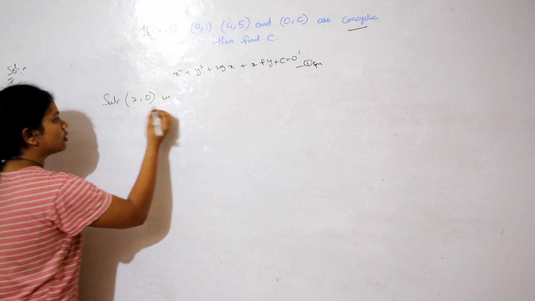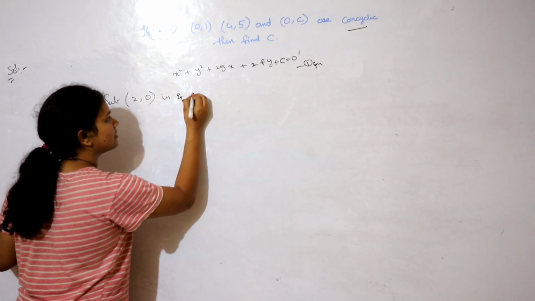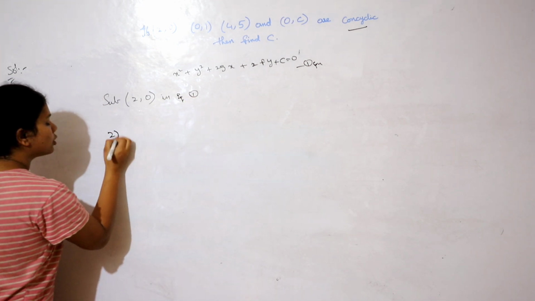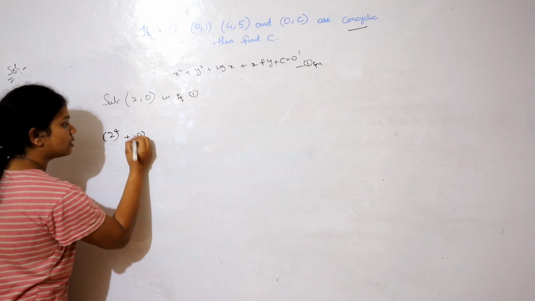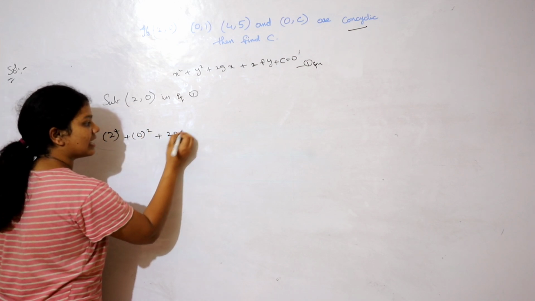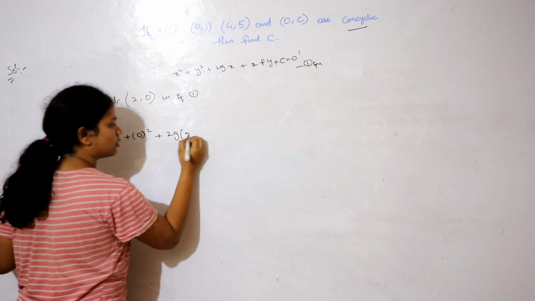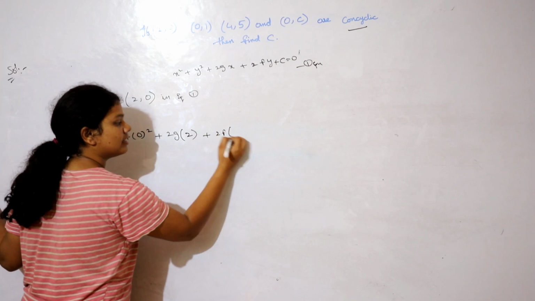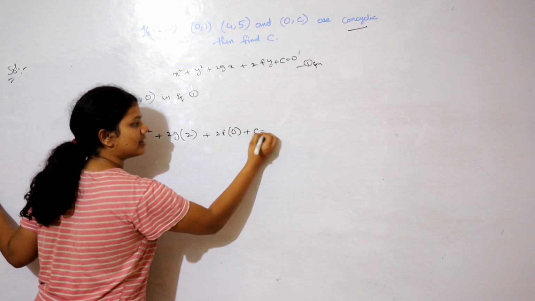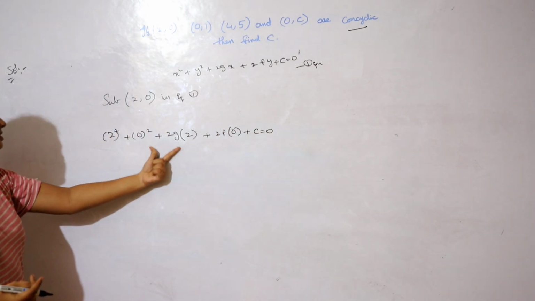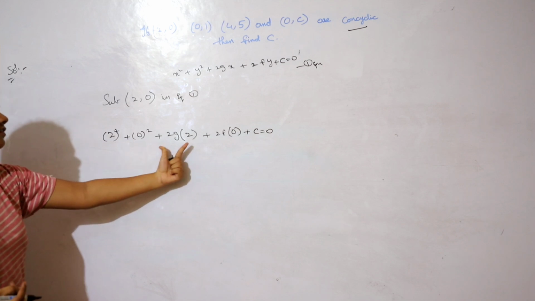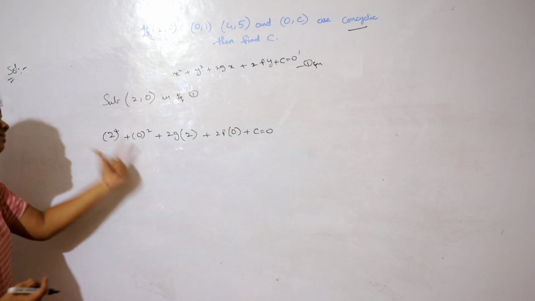Substitute (2, 0) in equation 1, which is nothing but 2 square plus 0 square plus 2g times 2 plus 2f times 0 plus c equal to 0. Before naming this, let us simplify.